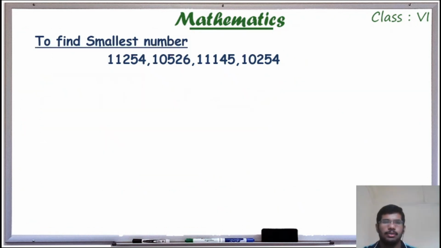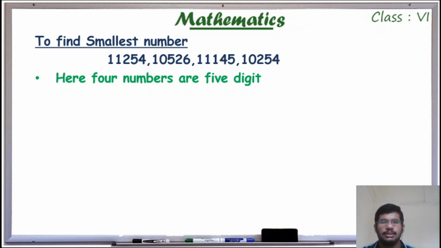Okay. Now we are going to find the smallest number among these. So first check the 10,000's place value, the first digit from the left side, and in this case we have 1 for the four numbers.